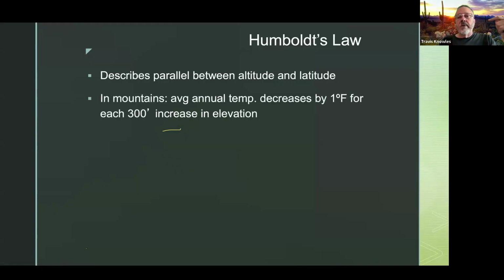He noticed that if you're in mountains, and I've expressed this in English units because most of us are still familiar with degrees Fahrenheit and feet instead of meters, Humboldt's law says that if you go up 300 feet in elevation, it's going to get cooler by about 1 degree Fahrenheit.